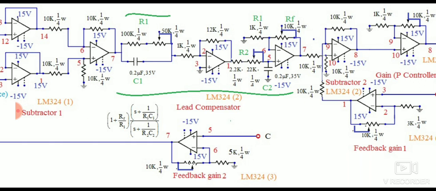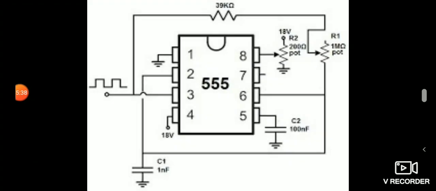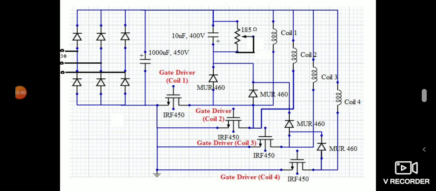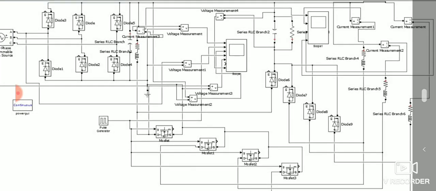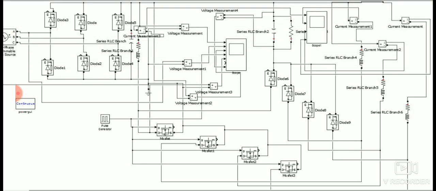Then comes the final fabrication of the layers of the PCB. If it is double layer, then there is a top layer and a bottom layer in Express PCB. Then finally the PCB is done, and it would be fixed with the practical setup. We can also test the electrical circuits in Simulink.